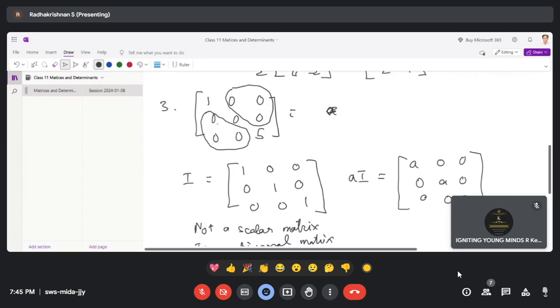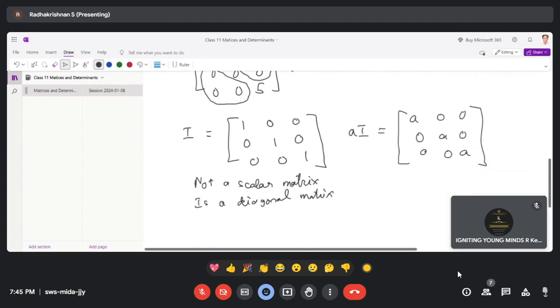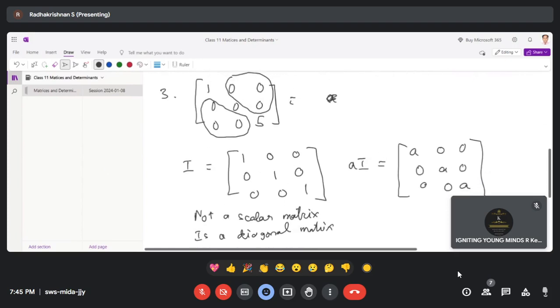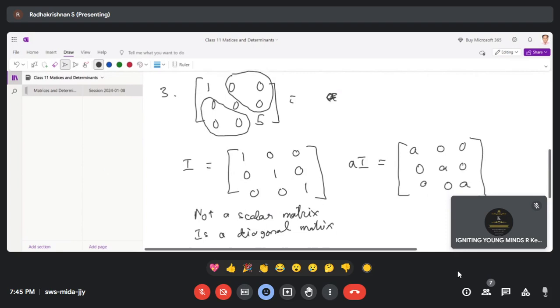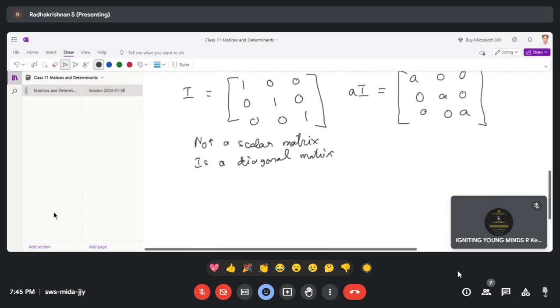If zeros are on either side, then depending on which side, it is either an upper or a lower triangular matrix. Here, since everything off the diagonal is 0, you can say it is an upper triangular and a lower triangular matrix. So it is a lower triangular matrix also.